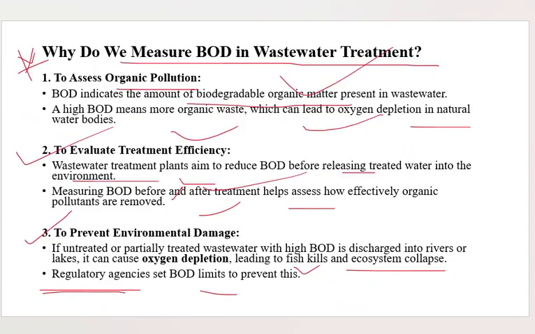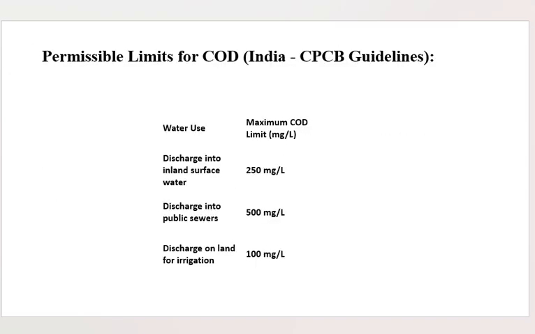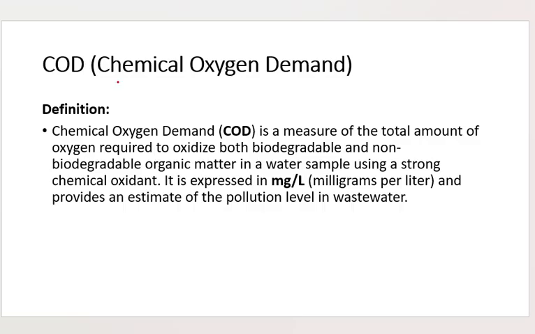Okay, and then comes another topic, that is COD, chemical oxygen demand. What is chemical oxygen demand? The definition is almost similar to BOD. Chemical oxygen demand, that is COD, is a measure of the total amount of oxygen required to oxidize both biodegradable and non-biodegradable organic matter in a water sample using a strong chemical oxidant.